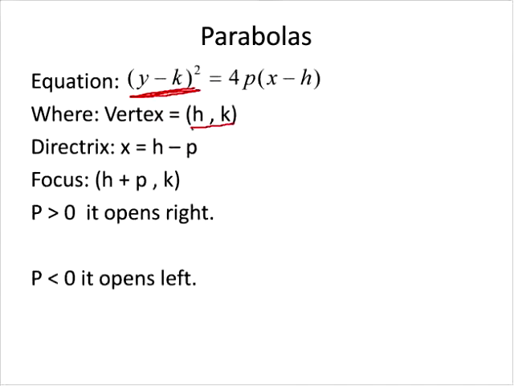This time the directrix is going to be a vertical line, so it'll be in the format x equals h minus p. And the focus again will be to the left or right, so the focus will be (h plus p, k). And again, if p is positive, it opens right. If p is negative, it opens left.